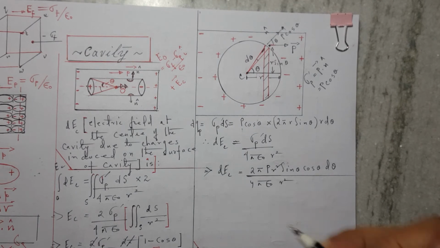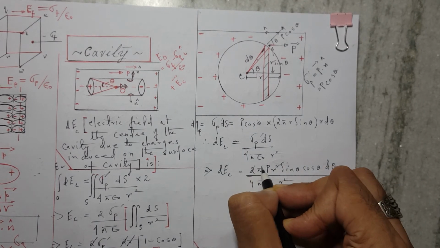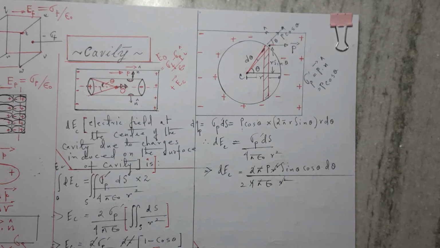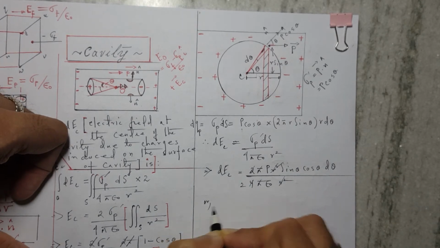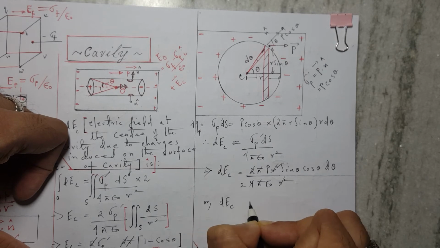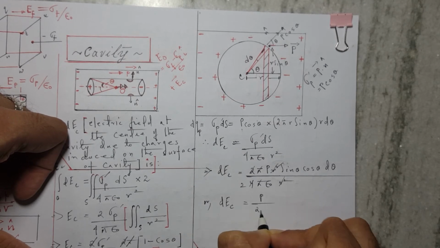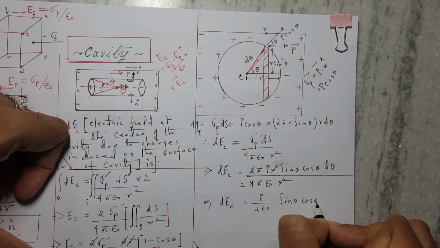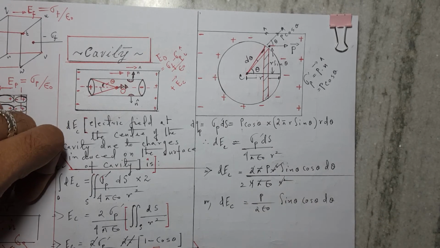Now if we do the cancellation, 2 pi by 4 pi gives 1 by 2, and R square cancels. So dEc is P by 2 epsilon naught sin theta cos theta d theta.